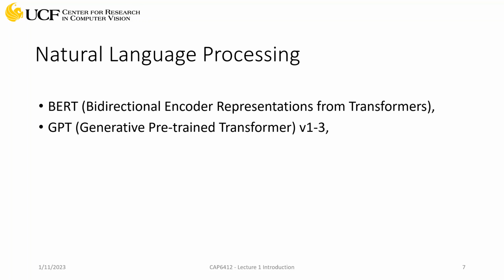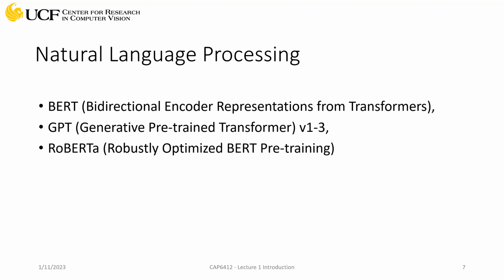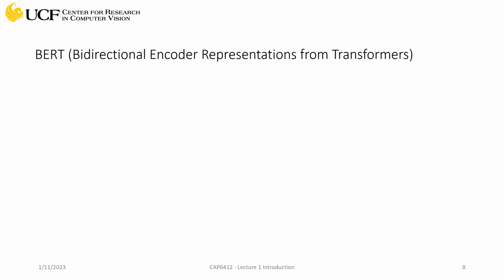Then GPT, as we have been discussing, generative pre-trained transformer version 1 to 3, and ChatGPT, and maybe V4. RoBERTa, robustly optimized BERT pre-training. T5, which is from Google, text-to-text transformer. Now we'll talk a little bit about BERT because it's very popular and works pretty well.